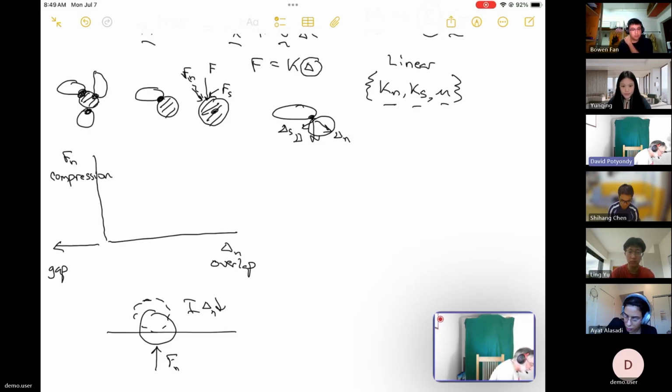Notice I'm measuring delta n going towards the wall. I'm calling that positive. So if I go upwards, the force is 0, just goes back and forth at 0. If I start to go this way, it's going to go up, and the slope is going to be Kn.